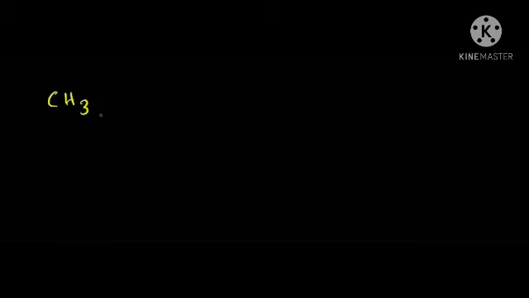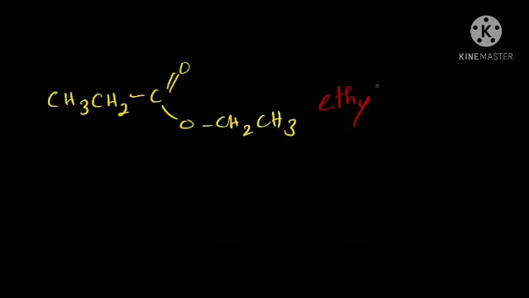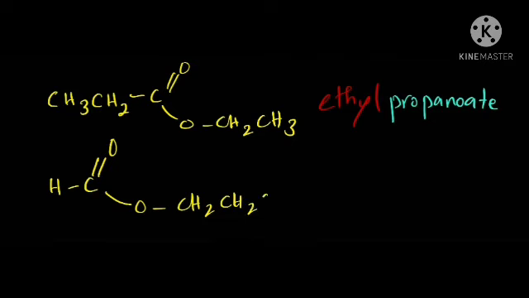So here we have CH3CH2COOCH2CH3. This is called ethyl propanoate, and we have HCOOCH2CH2CH3.